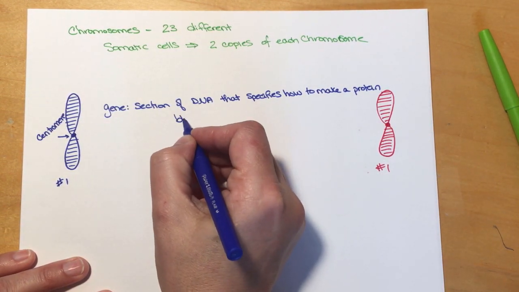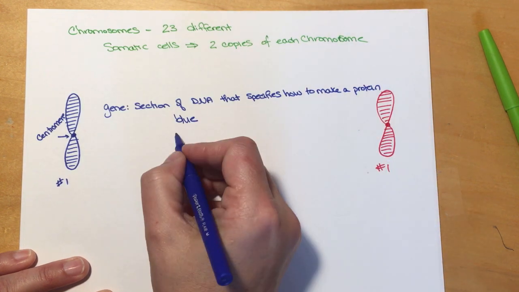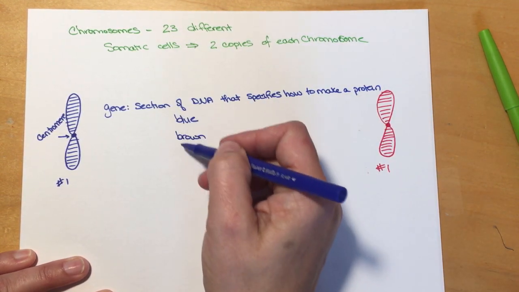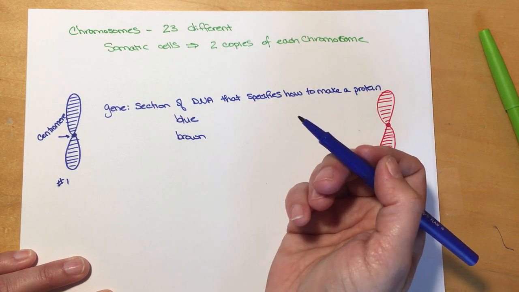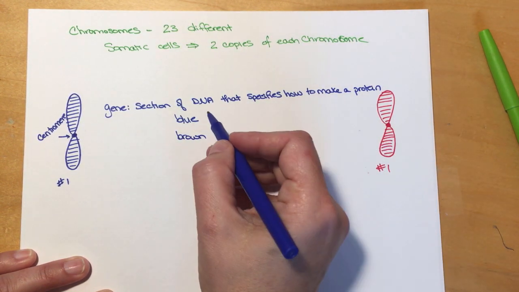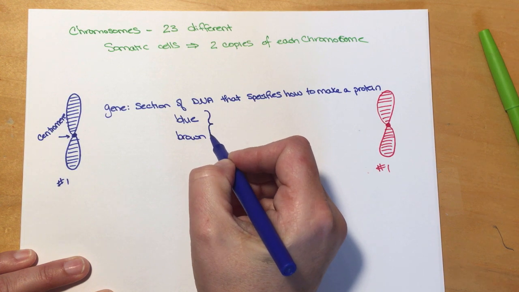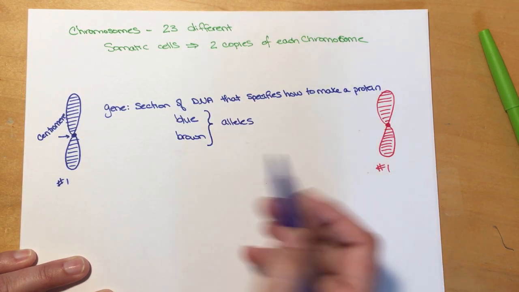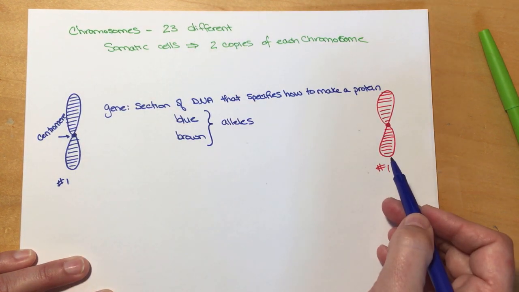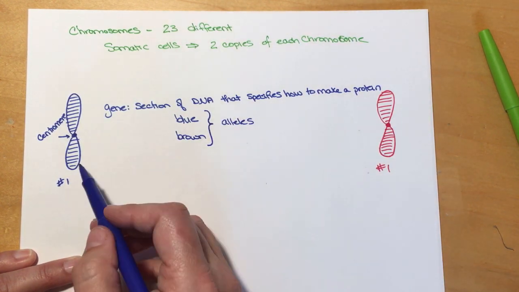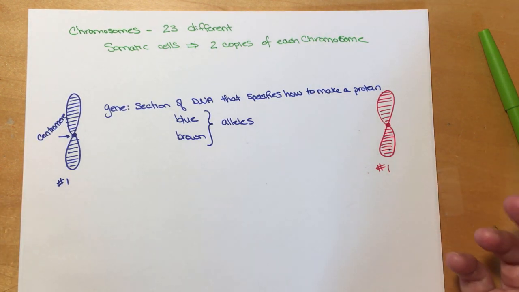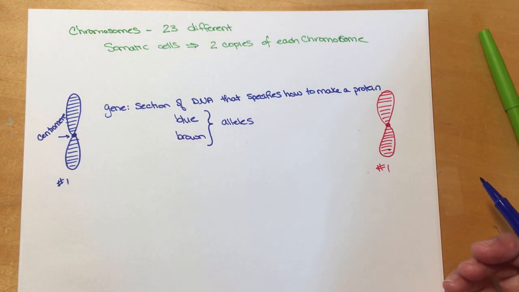You could have a gene that says blue eye color, or you could have a gene that specifies brown eye color. They both are specifying eye color, so they're correlated, but there's different versions of the gene, and those are called alleles. So the 2 copies of chromosome 1 that you inherit, one from maternal parent, one from paternal parent, have different alleles of the same genes on them.